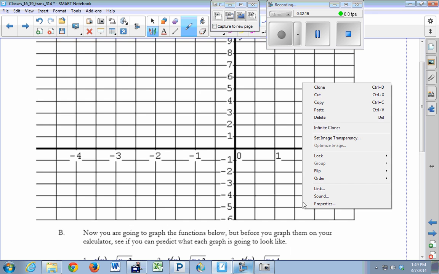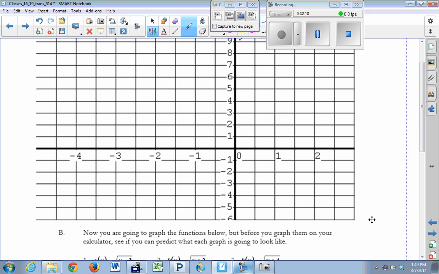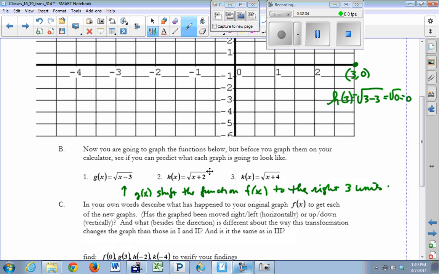So instead of starting at 0, 0, we're going to start out here at 3, 0. And you can see h of 3 is the square root of 3 minus 3, which is 0. So it's going to shift the function 3 units to the right. Similarly, this will shift the function f of x 2 units to the left. This one will become 4 units to the left.